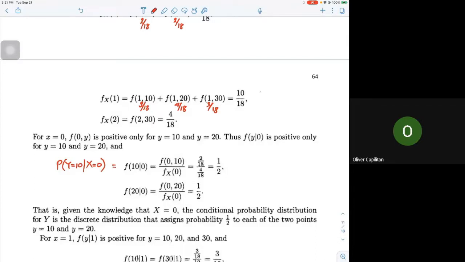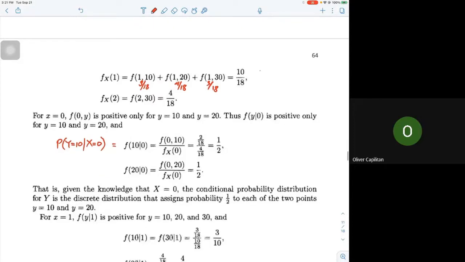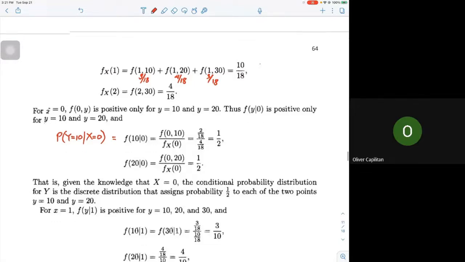And then we have the given value, 2 over 18, for our joint. So the answer is equal to 1/2. And for the conditional PMF of y is equal to 20, given that x is equal to 0, clearly, by substituting the values of these functions, we have 1/2.